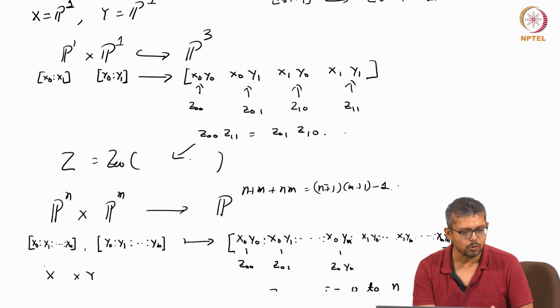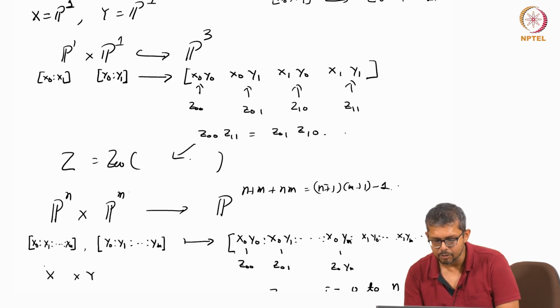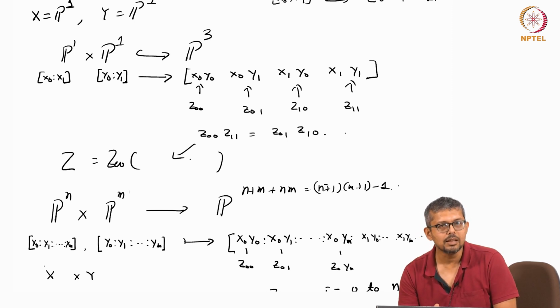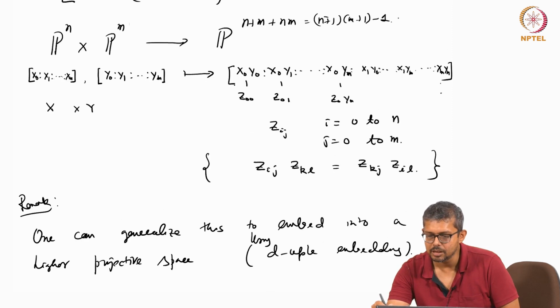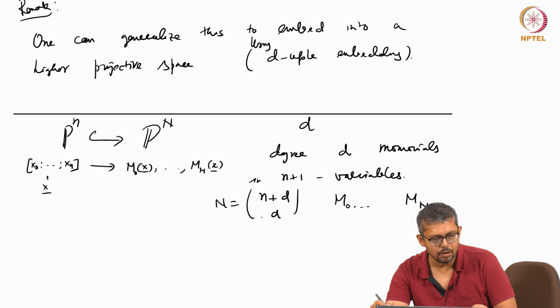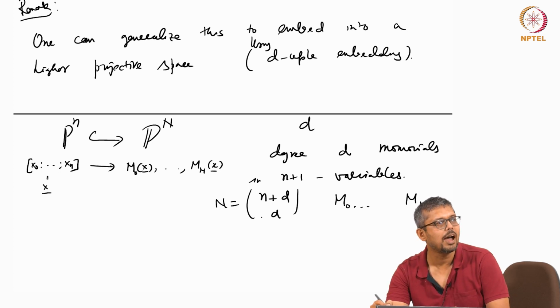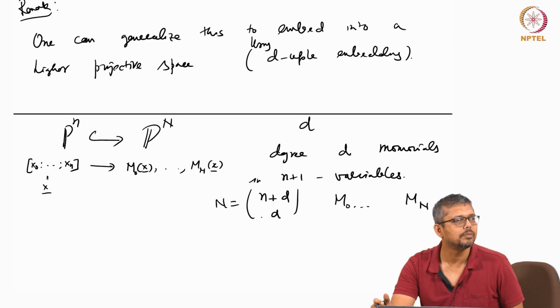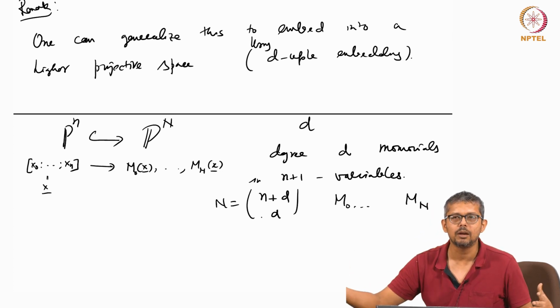So the image of x cross y under this map is the closed subset given by this. Now that closed subset you can embed into a higher projective space, and a map of projective space is a proper map. It takes closed sets to closed sets, so the image will be automatically closed. So you can embed it into a bigger projective space.